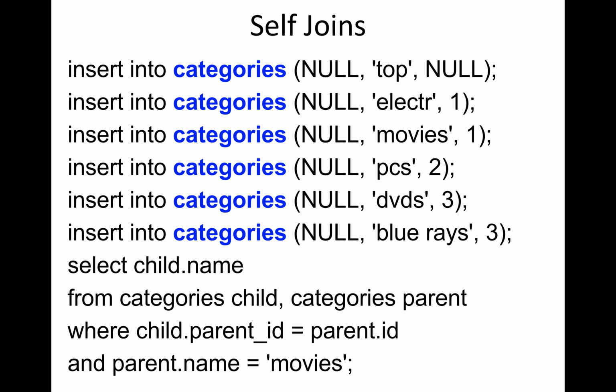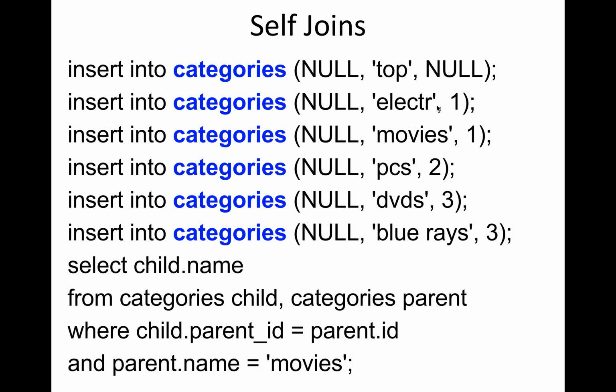So here we have an example of creating categories and subcategories. We have the top category that has no parent. But here we have electronics, movies, PCs, DVDs. These are all categories.